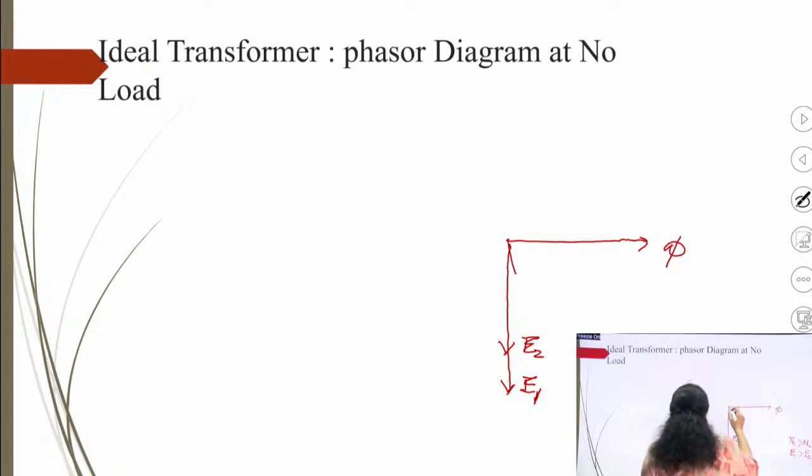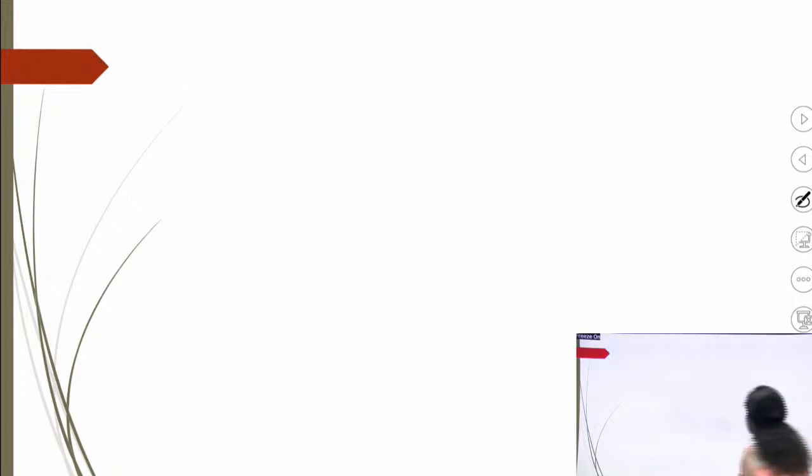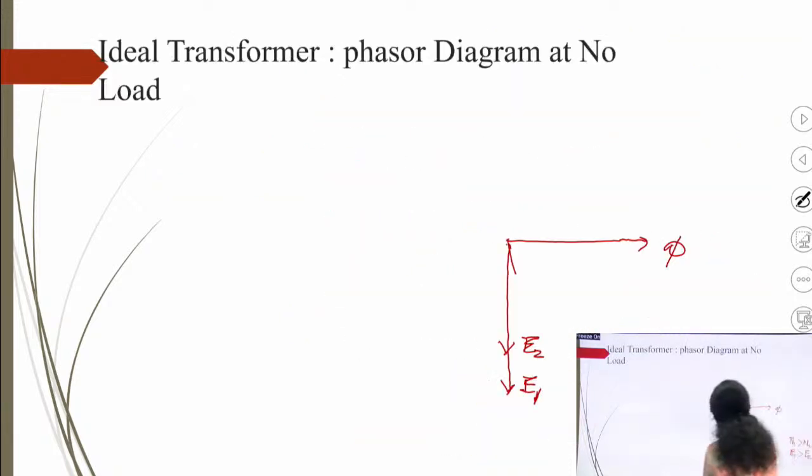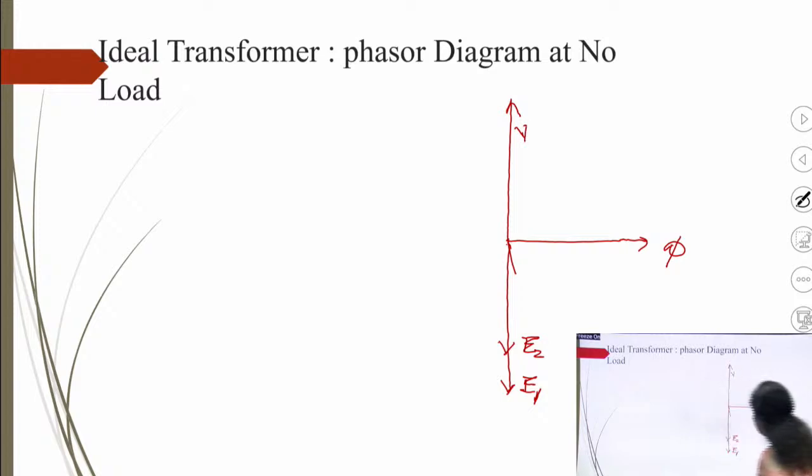Now in this case E1 is developed here, E2 is developed here, and the voltage V is applied here. According to KVL, with this plus polarity and this minus, V will be minus E1. So in the phasor diagram, you can draw this V here, right.